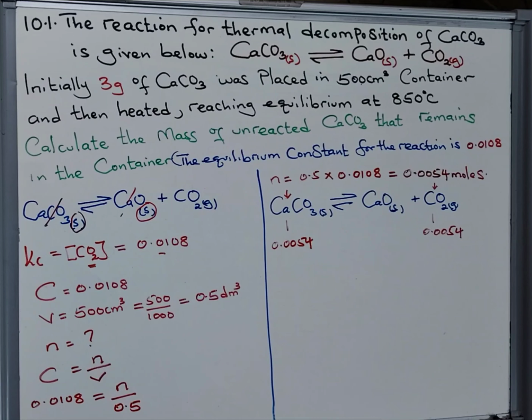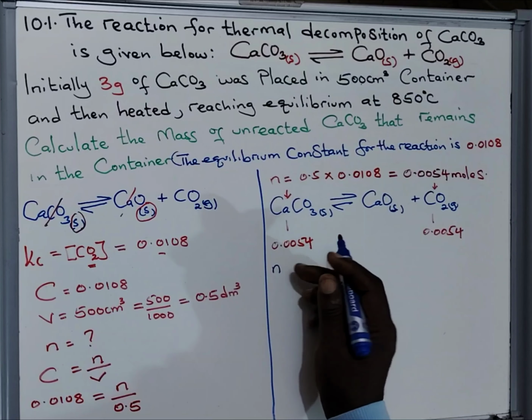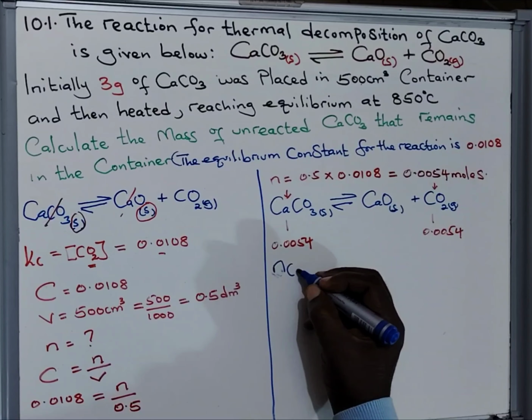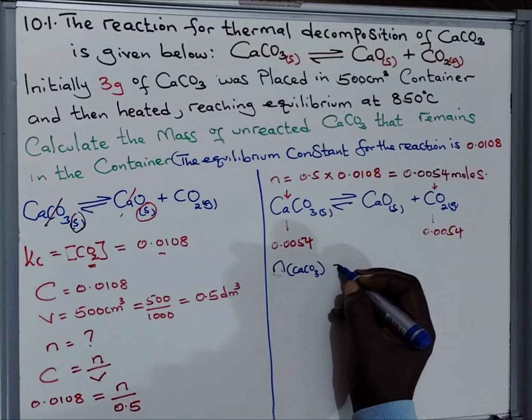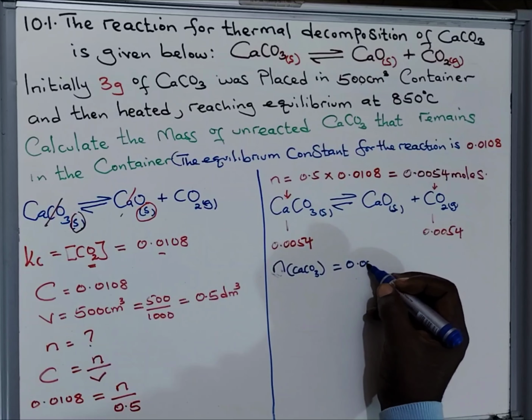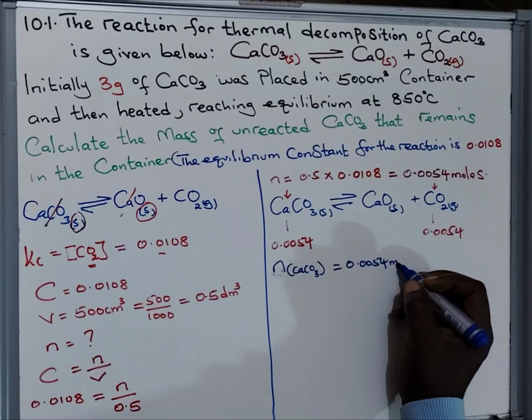It means that now we know the number of moles of calcium carbonate. So in other words, the number of moles of calcium carbonate, we know it now, it is 0.0054 moles.